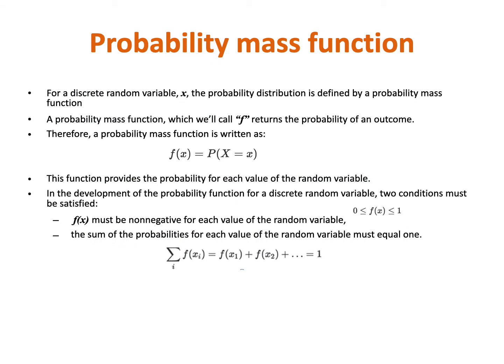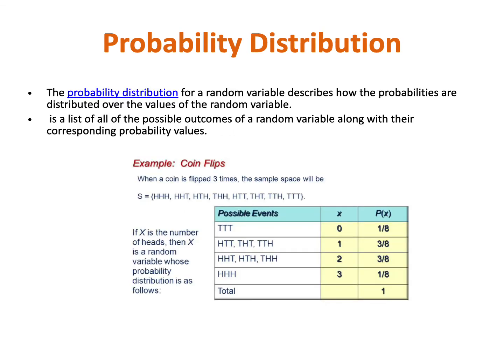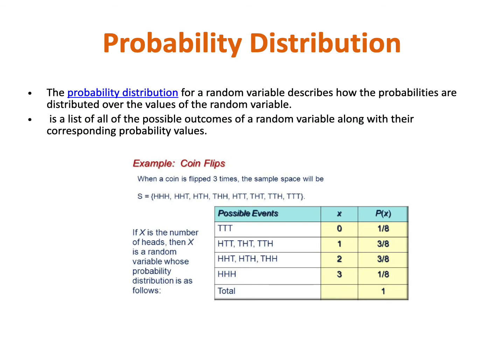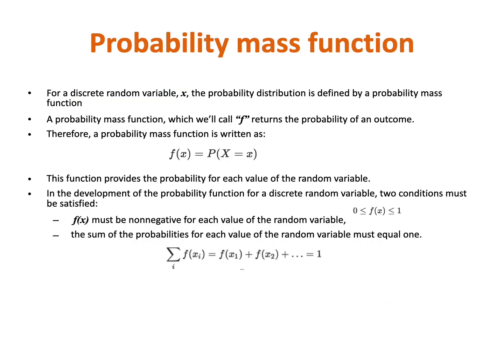For a discrete random variable X, the probability distribution is defined by the probability mass function. As we have said before, random variables are either discrete or continuous, and for a discrete random variable the probability distribution is defined by the probability mass function.